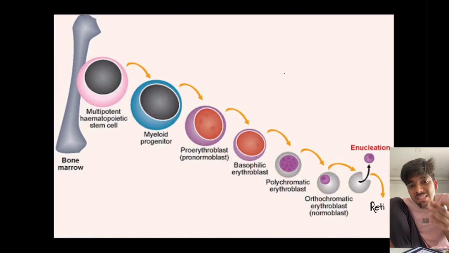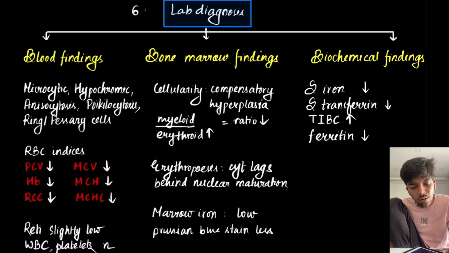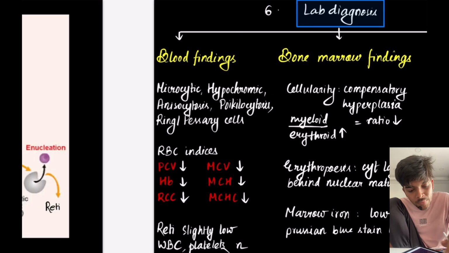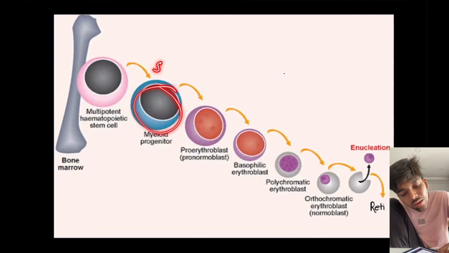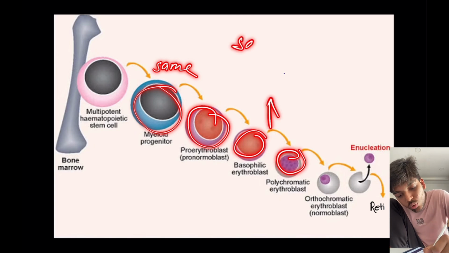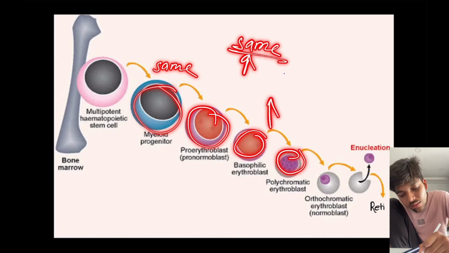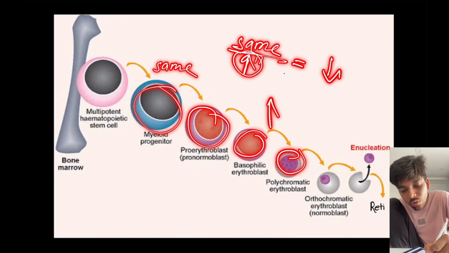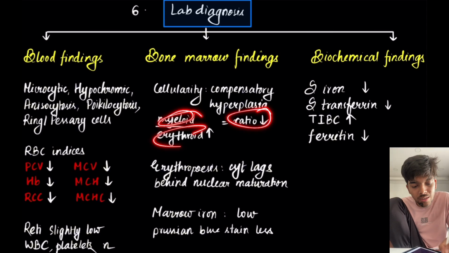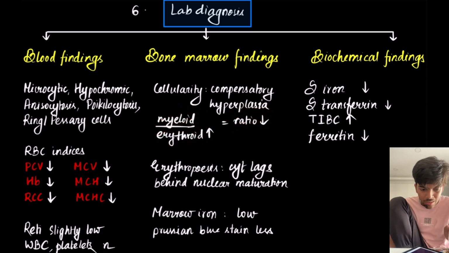This is a compensatory mechanism. As a result, what happens? Myeloid by erythroid ratio goes down. Why? See, myeloid number remains the same, but erythroid number increases. So the ratio decreases. Myeloid by erythroid ratio decreases.